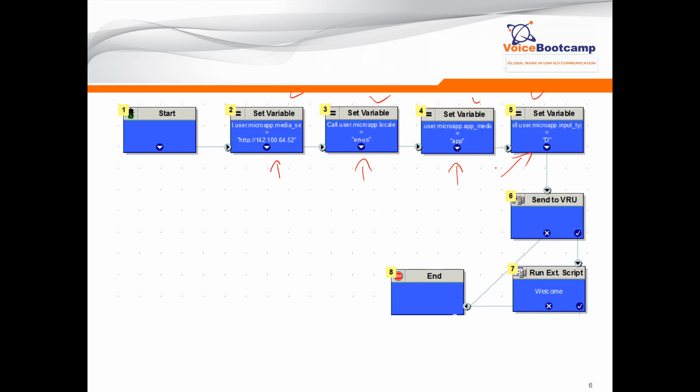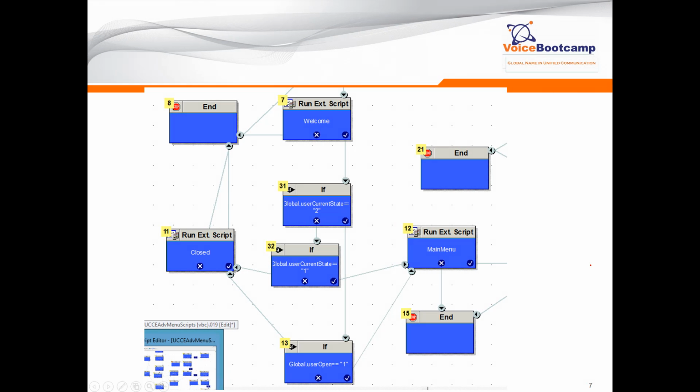This is the DTMF, where D stands for DTMF input rather than text to speech. Then we're going to say send to VRU, which means establish a connection to the CVP. If the send to VRU is successful, we're going to play the welcome prompt.